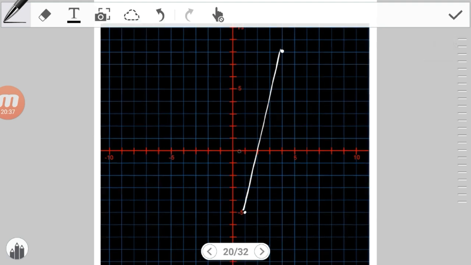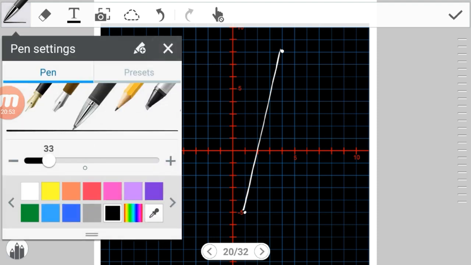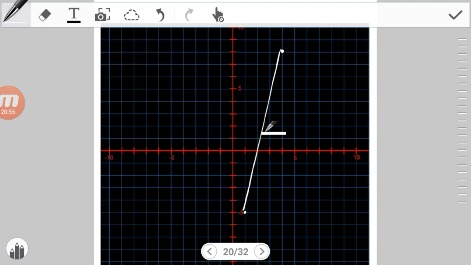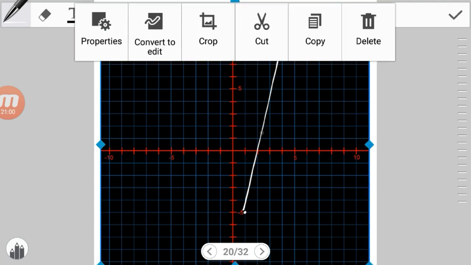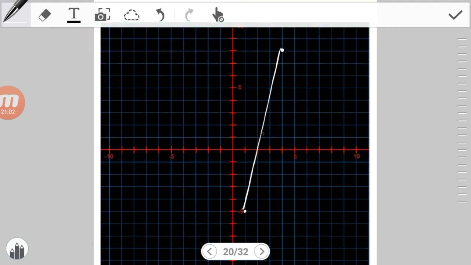So that's 2.5 steps to my right, 1, 2, that would be 3, so this is halfway, 2.5 steps and 1.5 steps up, so this would be right here. Obviously my graph is not drawn pinpoint precise, so it's a little off, but it's approximately here. Okay, that would be approximately my midpoint.